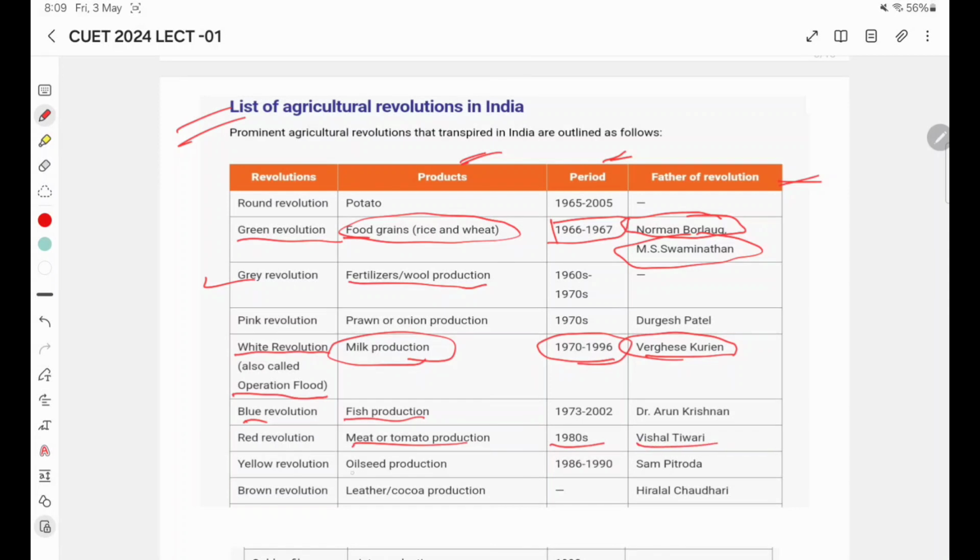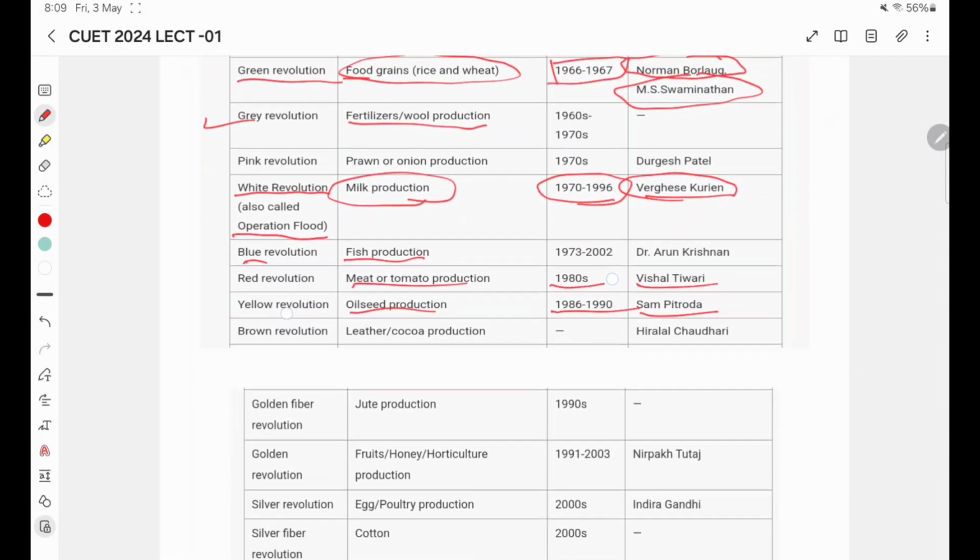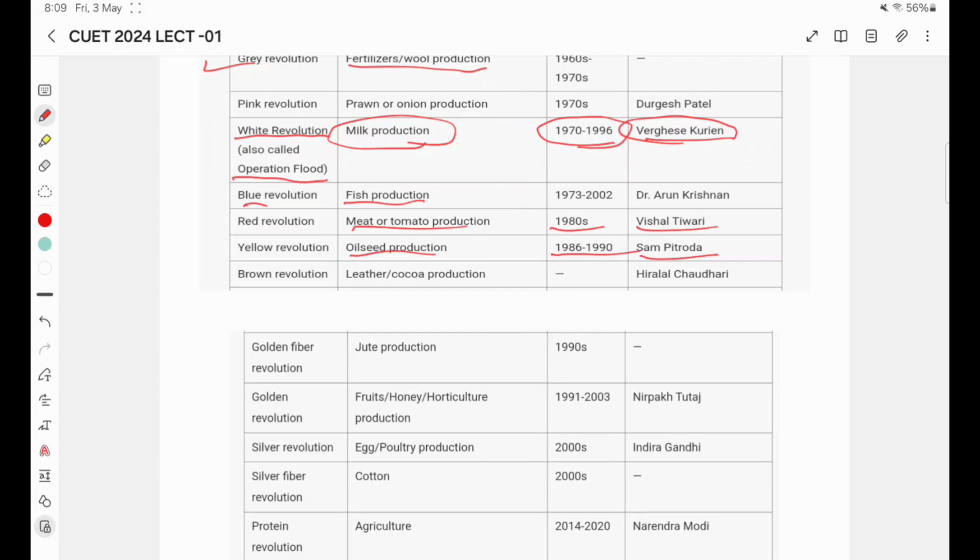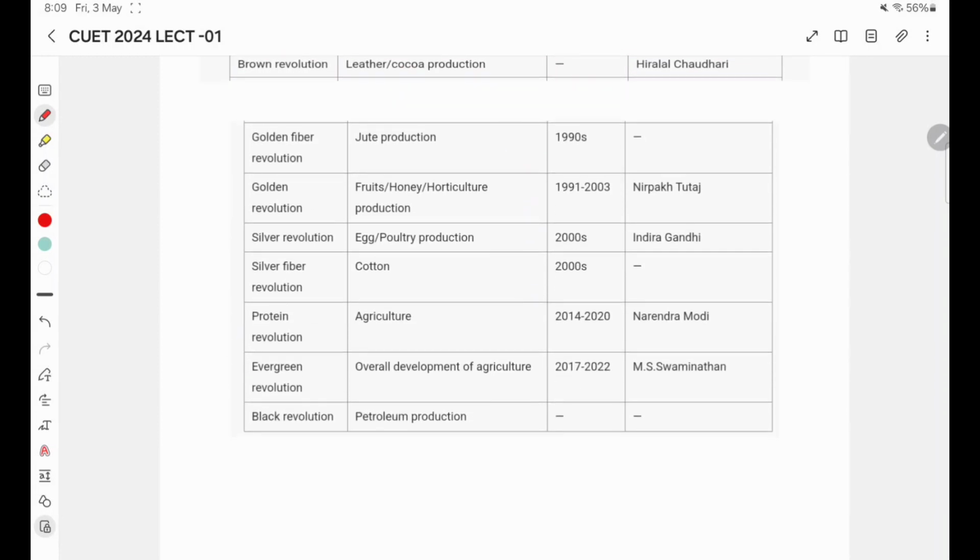The yellow revolution is confined to oilseed production, introduced in 1986 by Sam Pitroda. Famously, Sam Pitroda is in the news because of the word inheritance tax. The brown revolution is confined to leather and cocoa production, and the father of this brown revolution was Harilal Chaudhary. So there are many different types of revolutions that I have already given you.